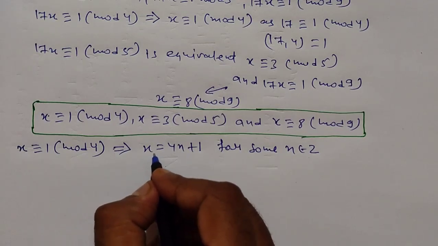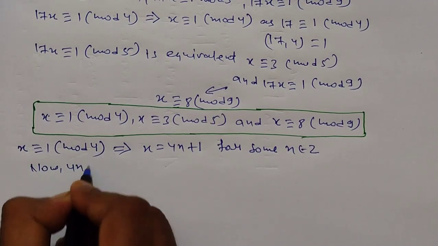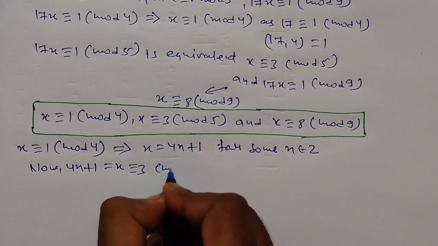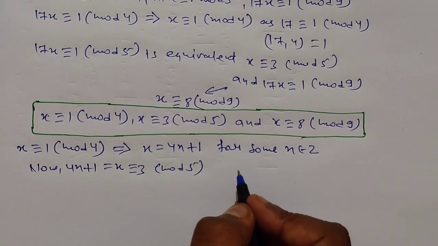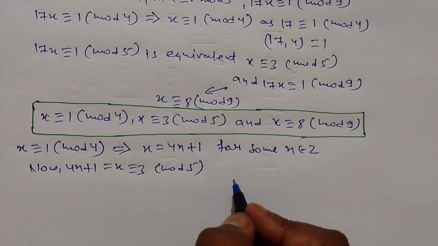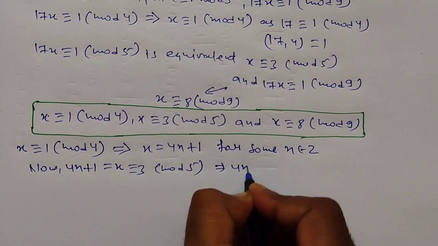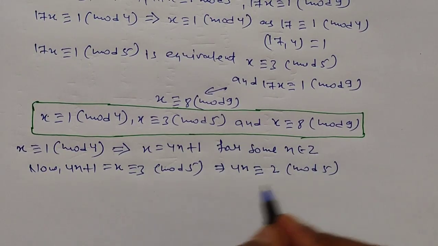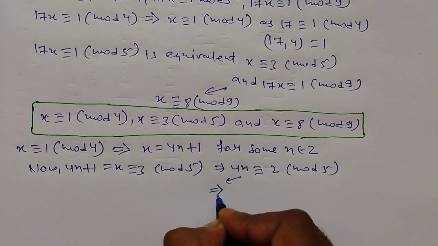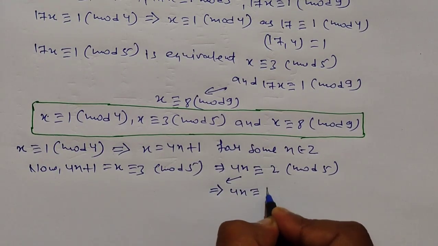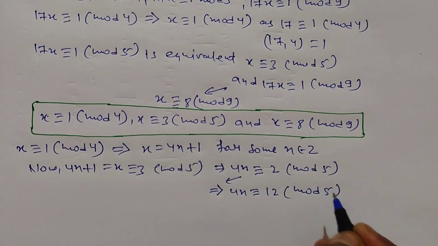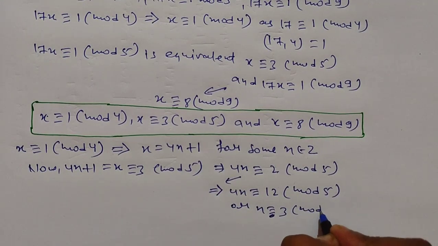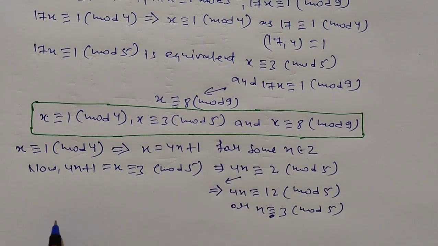For 4n plus 1 equal to x, this will be congruent to 3 modulo 5, and this will imply 4n plus 1 is congruent to 3 mod 5, so 4n is congruent to 2 mod 5, and also this will imply 4n congruent to 12 modulo 5, or n congruent to 3 modulo 5.